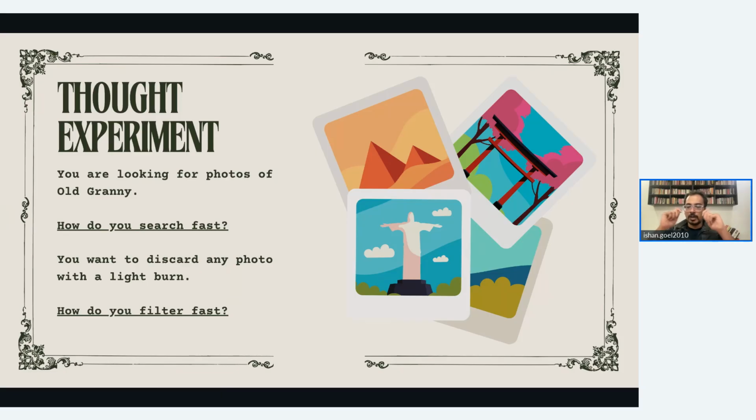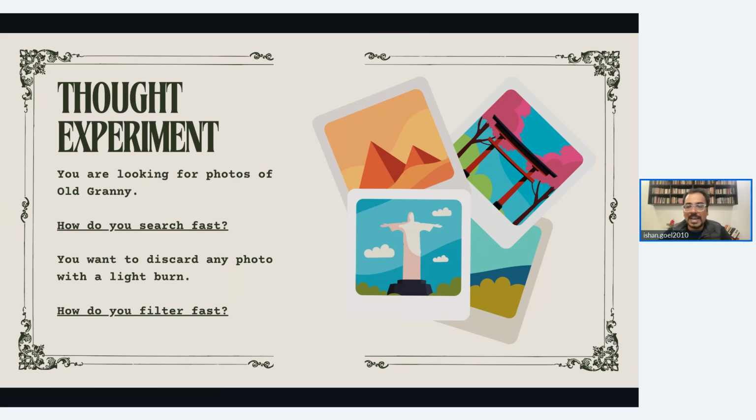Imagine that you have a big box with a lot of printed photographs. The first question is that you are looking for photos of old granny, probably an old family member. How do you search the photos of old granny fast?